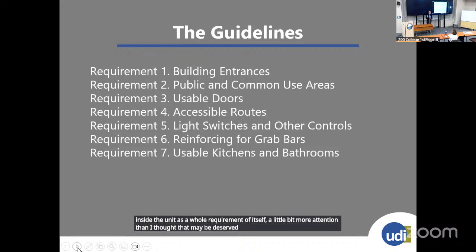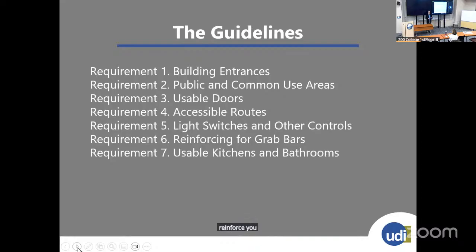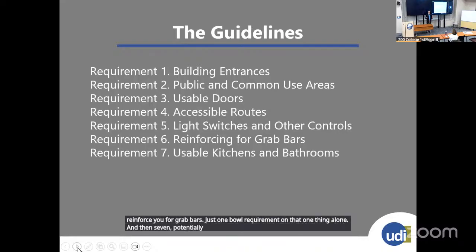Requirement 5 is just light switches and other controls. Also kind of a complicated thing in some of the details, which you'll see. Requirement 6, reinforcing for grab bars. Just one whole requirement on that one thing alone. And then 7, potentially the biggest thing of all, kitchens and bathrooms, a whole requirement. Anyway, you can argue about why they divide it up this way, but those are the 7. We'll go through all 7.